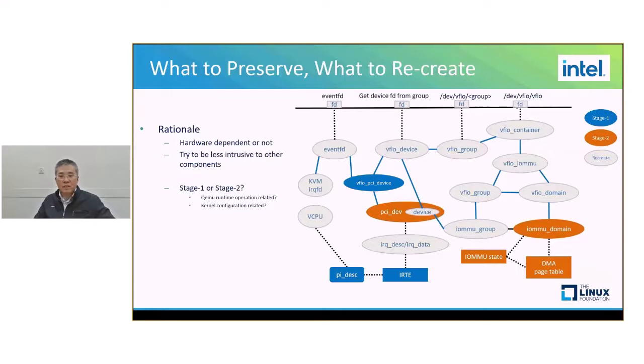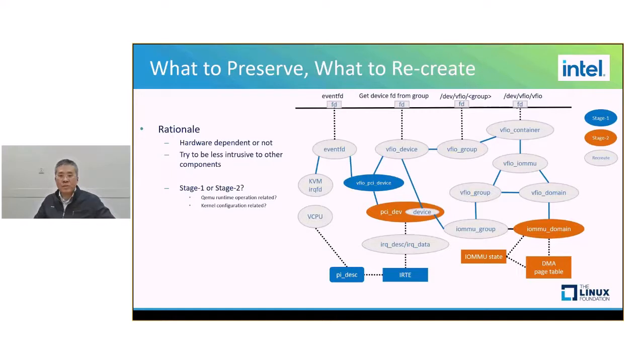First, does it need to be saved at all? If the state is pure software state, which means it doesn't depend on hardware state, or it can be restored by reading back the hardware registers, then we don't need to save it. If we can only restore it by clobbering the hardware register, then we will need to save it.